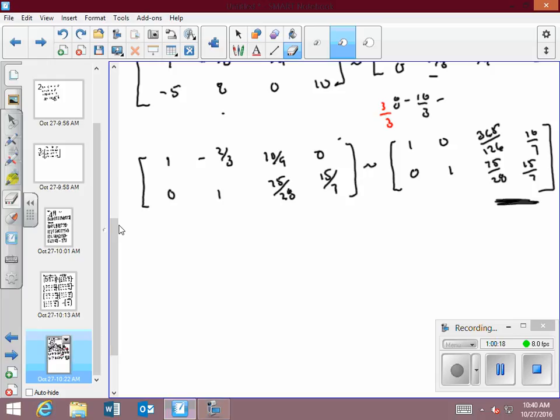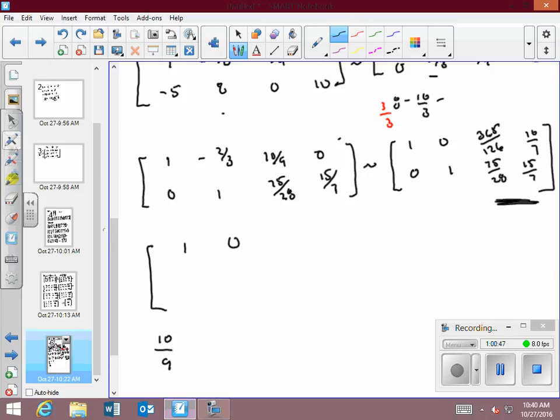So what we have to do is multiply the last row by 2/3 to get rid of the minus. So it's 1, 0. So we're multiplying the last row by 2/3 and adding it to 10 ninths, right? 10 ninths plus 2/3 of 75 over 28, right?